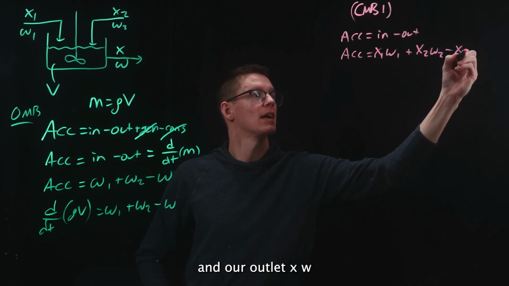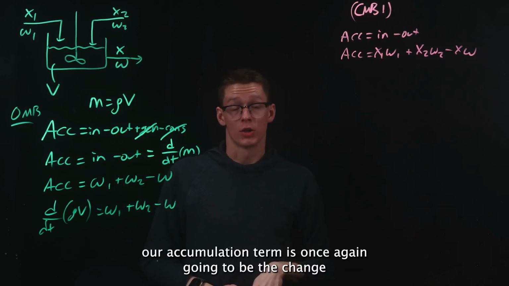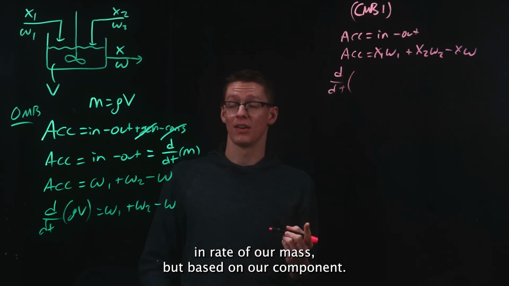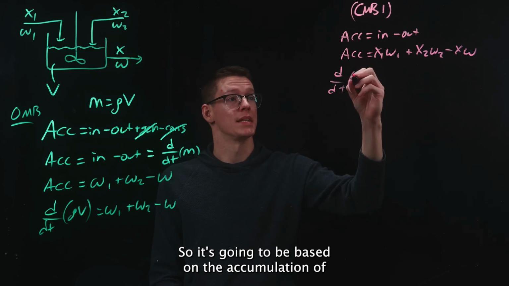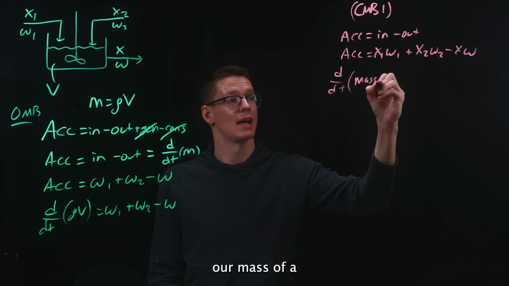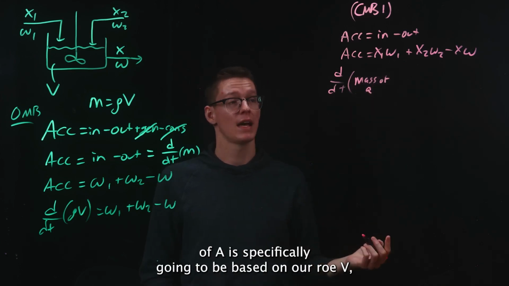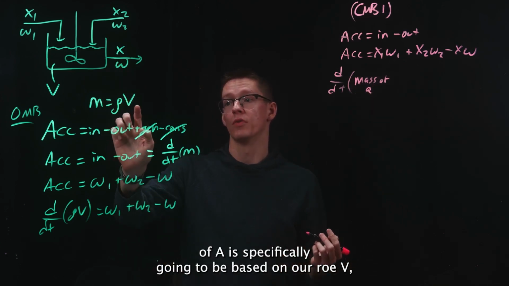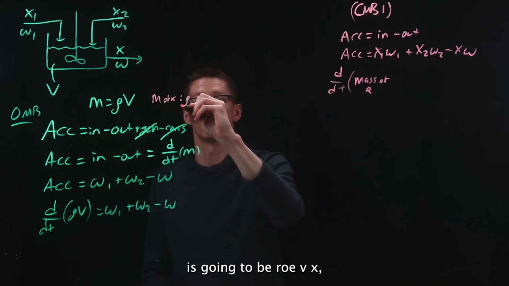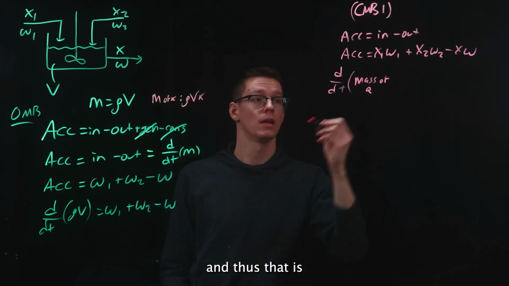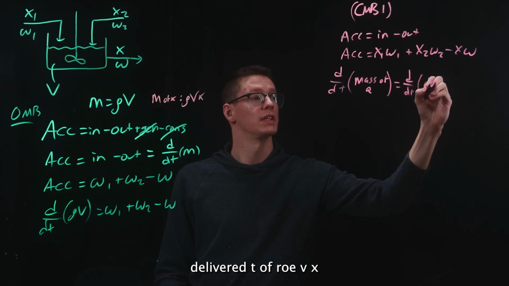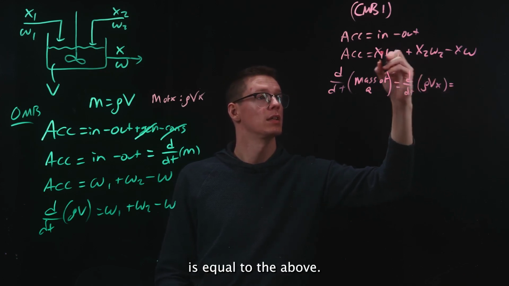Our accumulation term is once again going to be the change in rate of our mass, but based on our component. So it's going to be based on the accumulation of our mass of A, and that mass of A is specifically going to be based on our rho V, but with X. So mass of A is going to be rho V X. And thus, that is d over dt of rho V X is equal to the above.